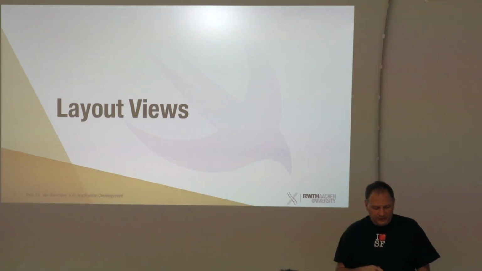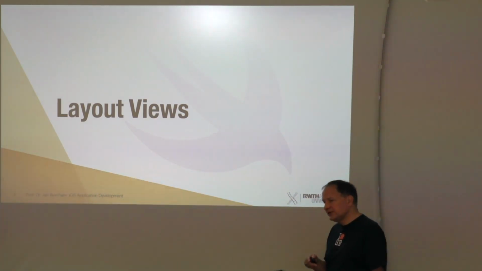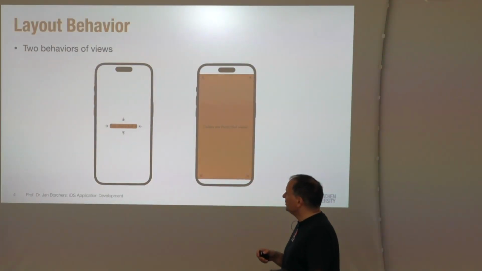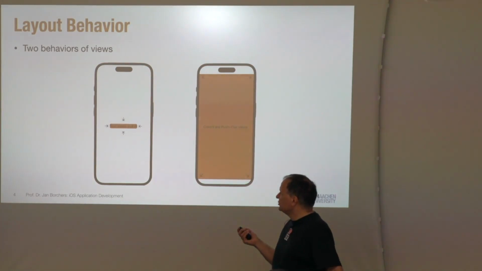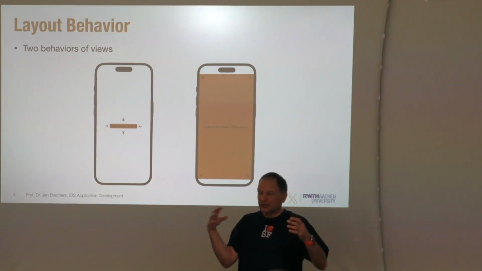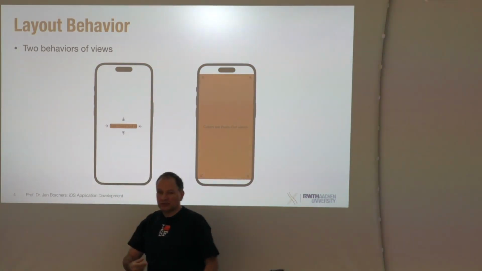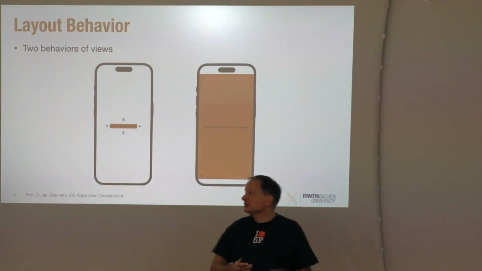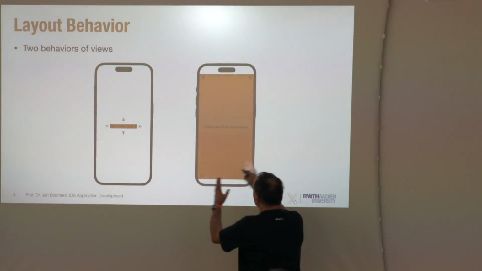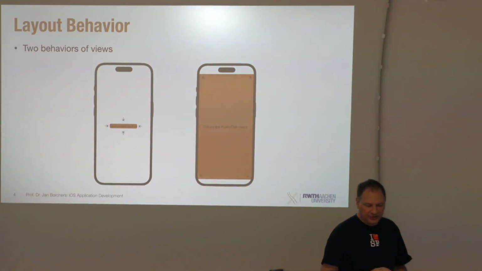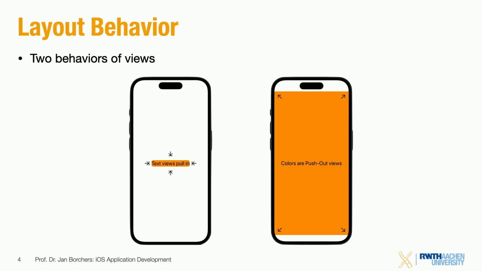There's one fundamental difference in layout views, which is that some of them will tend to pull in, so they basically shrink to just include what's inside them, whereas others will tend to push out, so they will try to grab all the available space around them. It's useful to know how each view behaves.